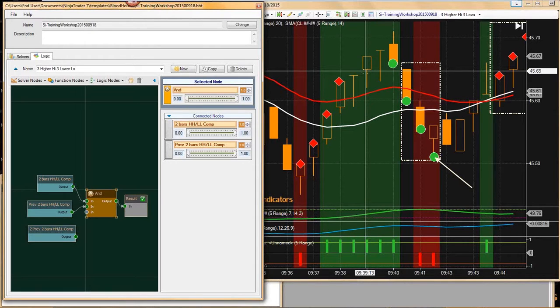BloodHound is not an infinite indicator to calculate whatever you want. BloodHound just glues your conditions together. So for the most part, BloodHound requires an indicator to do these very specific tasks, and then BloodHound can glue them together. So I hope that analogy made sense there, George.